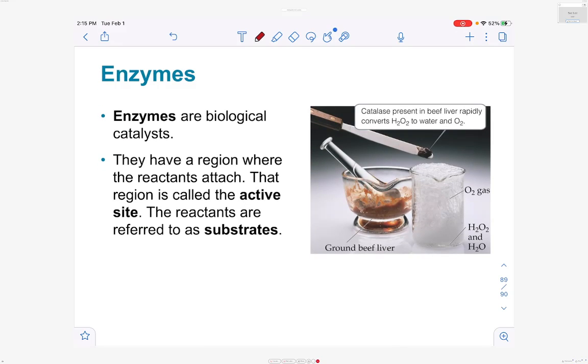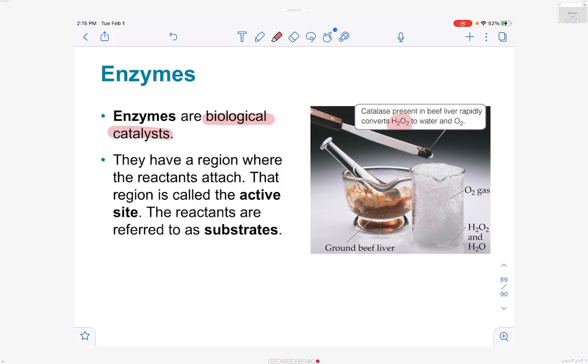Just 2 more slides. While there are countless chemical catalysts that occur naturally and man-made catalysts in the lab, there are also biological catalysts. Enzymes are biological catalysts that are crucial in our human body. For example, hydrogen peroxide is very harmful to our body.